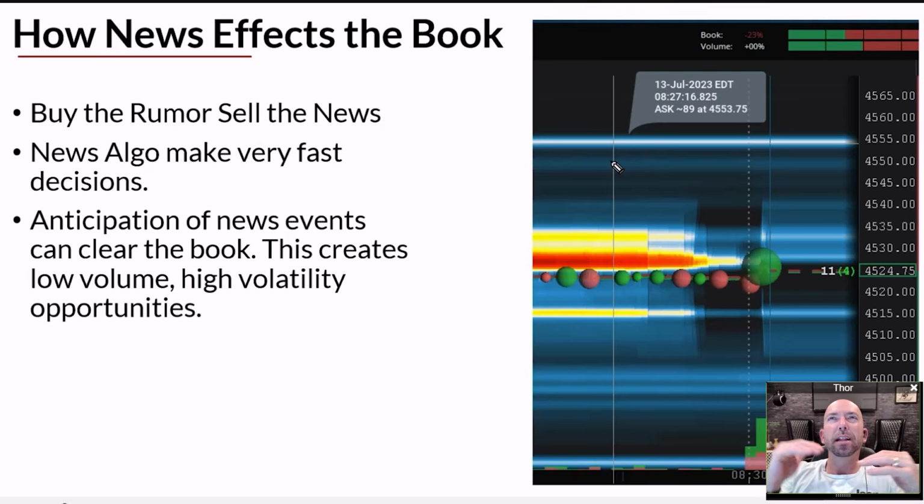But what they don't realize is market makers actually play an incredibly wide value range, and I want you to see that here. So this is before a news event. Notice on the book here, see how you see these sweeping lines coming across the book?